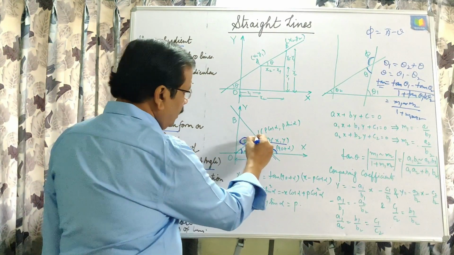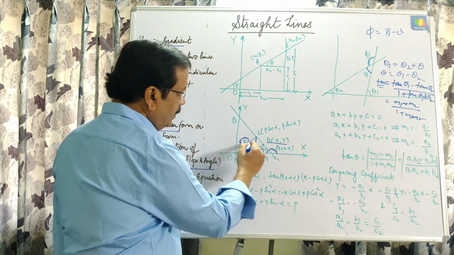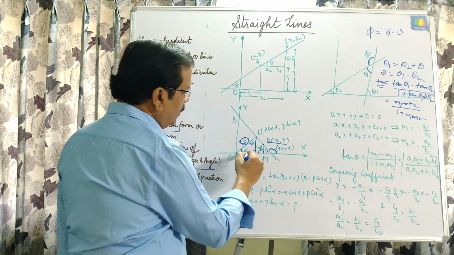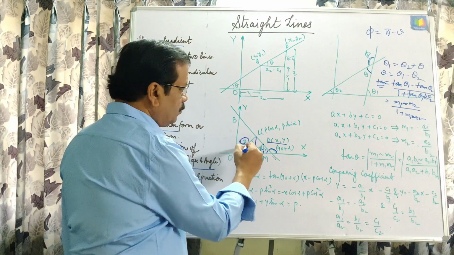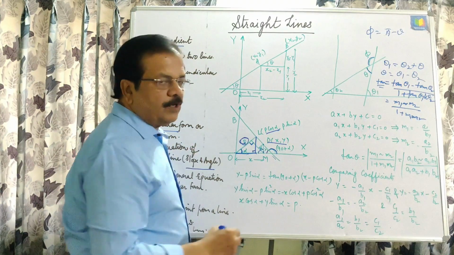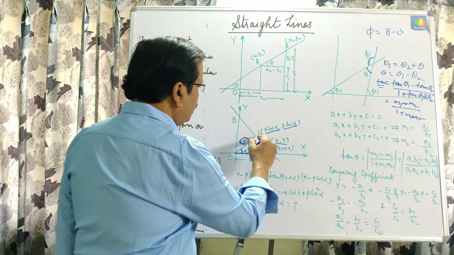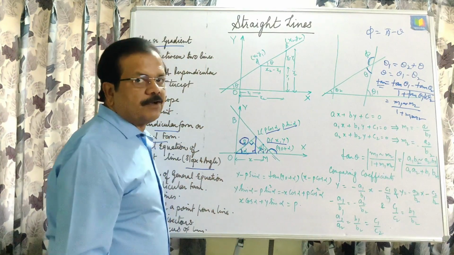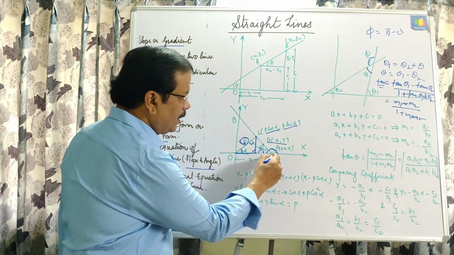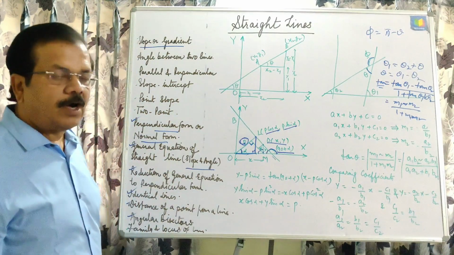Now what will be the coordinates of this point? Draw a perpendicular. This is alpha, this is P, then this is a right angle triangle. This will be base upon hypotenuse, meaning this is P cos alpha, and the perpendicular will be P sin alpha. So the coordinates of this point L are P cos alpha, P sin alpha, and since this angle is 90 plus alpha, the tangent of 90 plus alpha will be minus cot alpha.